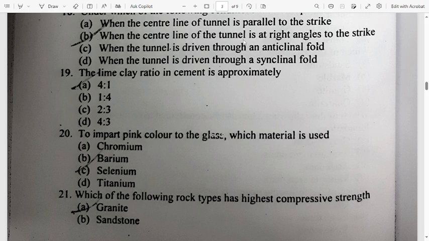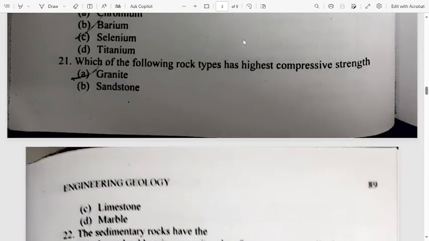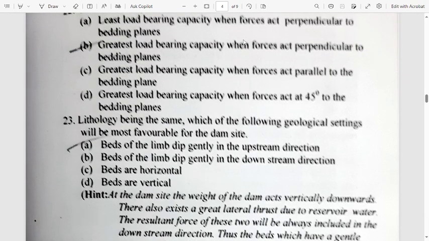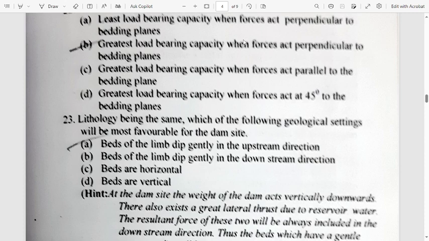Which of the following rock types has highest compressive strength? Granite. The sedimentary rocks have the greatest load-bearing capacity when forces act perpendicular to bedding planes. Lithology being the same, which of the following geological settings will be most favorable for the dam site? Beds with the limb dipping gently in the upstream direction. At the dam site, the weight of the dam acts vertically downwards.